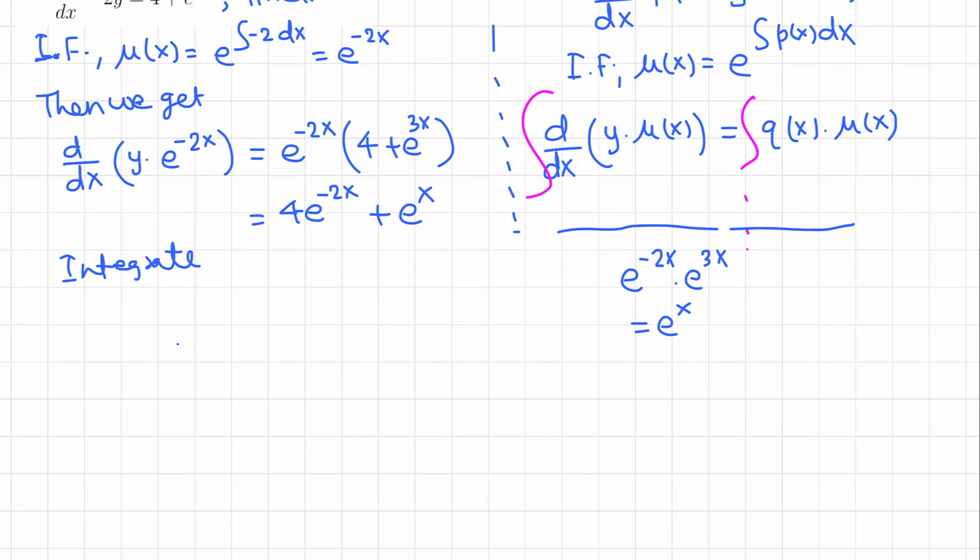Let's integrate the left hand side with respect to x. So this one is just y times e raised to negative 2x on the left, equals, let me put one extra step here.